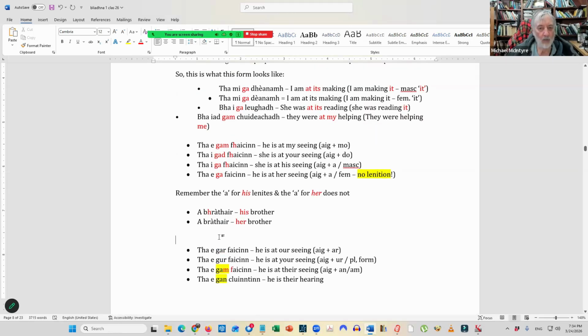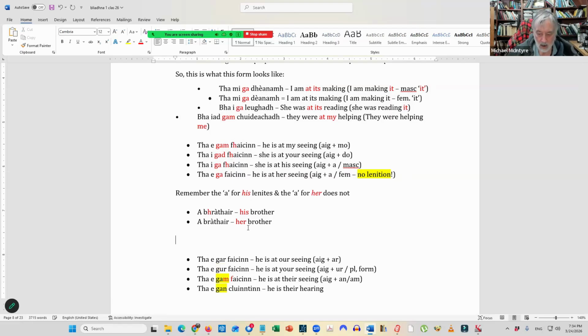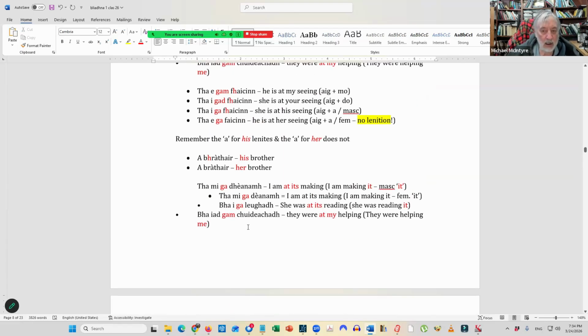I'm going to copy this and come back to this, because what we see is that his lenites, the masculine lenites. The feminine does not lenite.